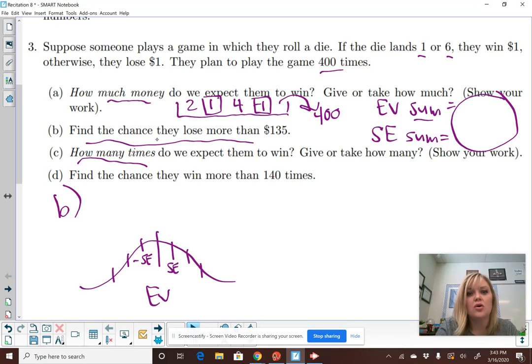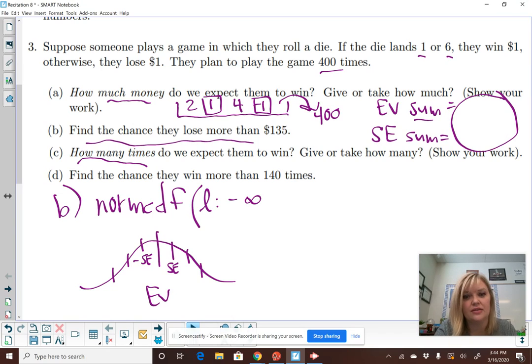Anyway, so the chance that they lose more than 135. So when you do the menu 652 or the norm CDF, then lose more than 135. Remember, if you lose a lot of money, that's a large negative number. So the lower bound will be negative infinity, or whatever the value is in there, negative 9e something. Anyway, and then your upper bound will be negative 135 because you're still losing that amount.